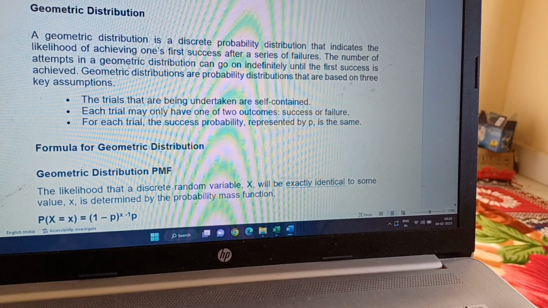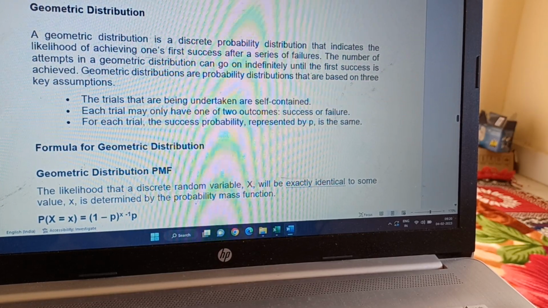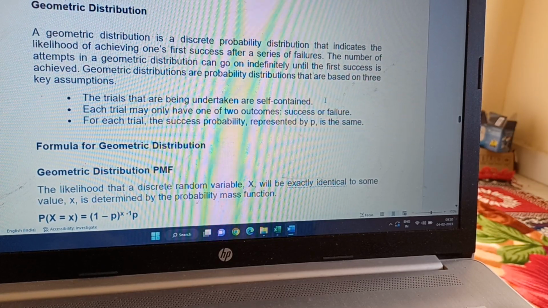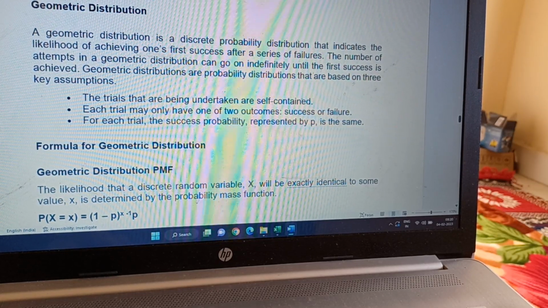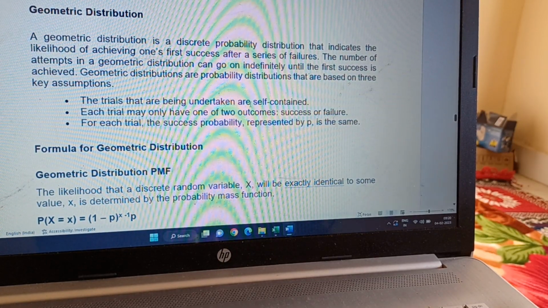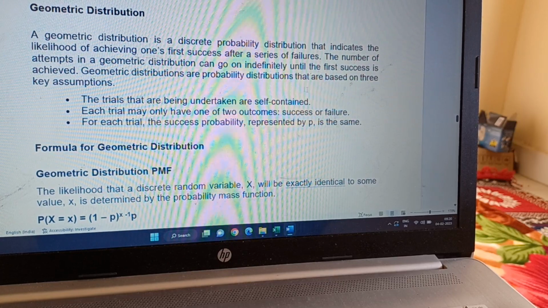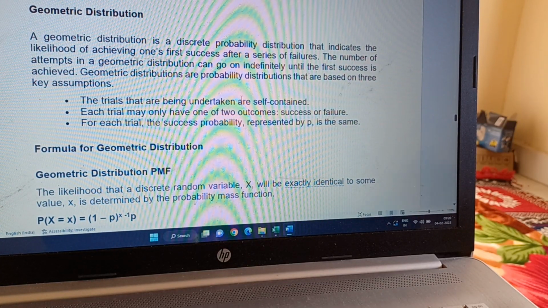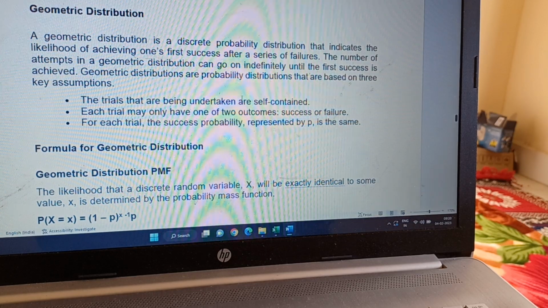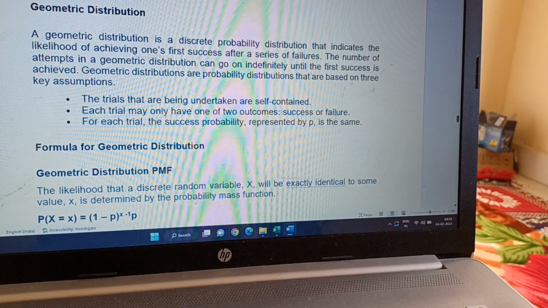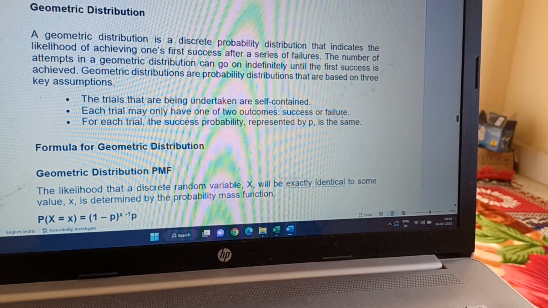So the three key assumptions of geometric distribution are, first, that the trials being undertaken are self-contained. What does self-contained mean? It means the trials are aimed at achieving the success no matter how many times, and each trial may have only one of two outcomes, success or failure, like binomial distribution.